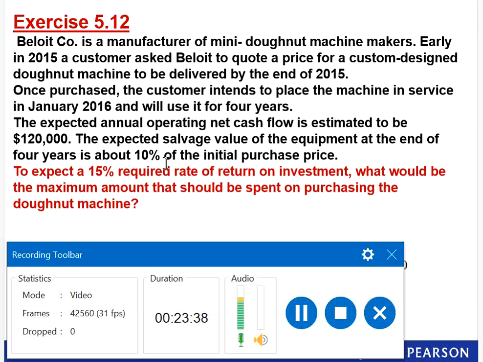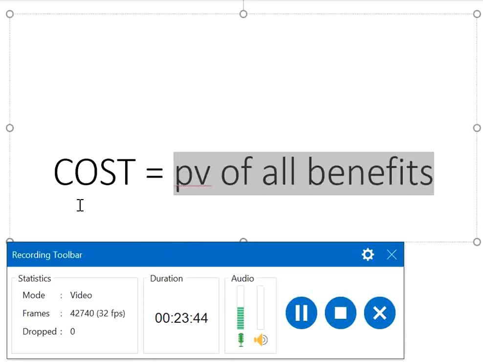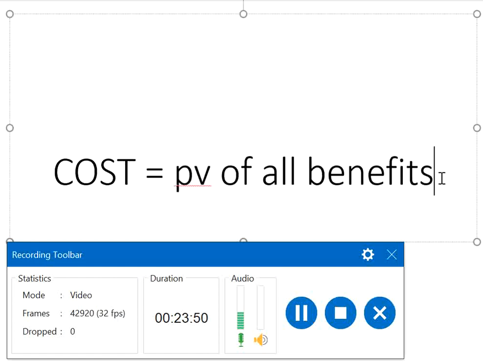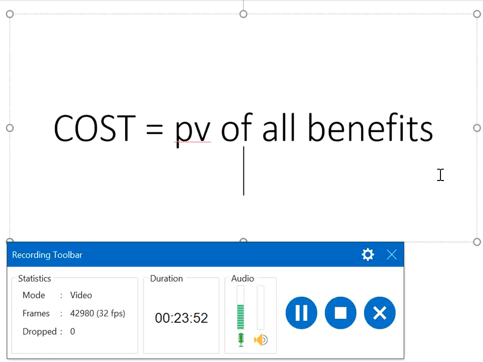What will be the salvage value? 10% of X, right? If I put it in this equation, let's say the cost is X. I want to rewrite the equation replacing cost as X, equal to the present value of all benefits.